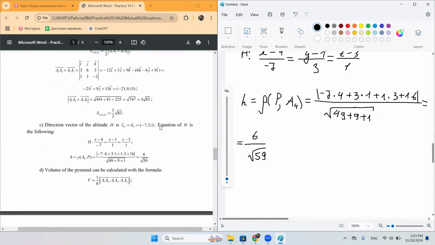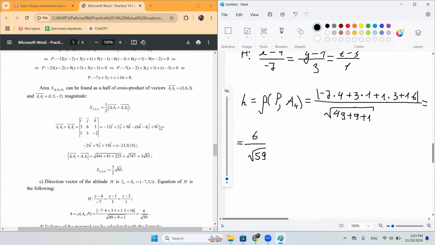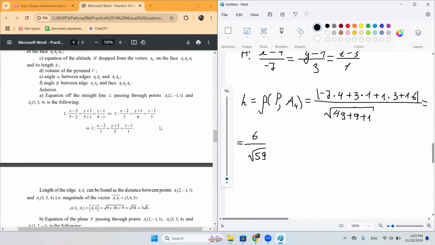Then we need to find the volume of the pyramid. You saw the spoiler, but I guess you have known it before. So how to find the volume of the pyramid? Okay, I started, but I want to hear anybody else.